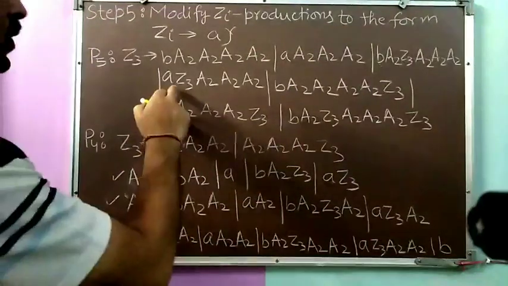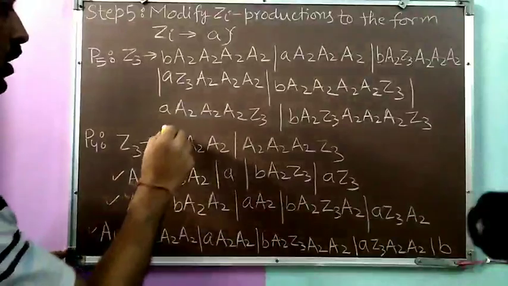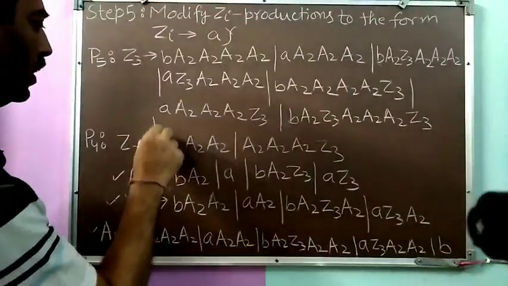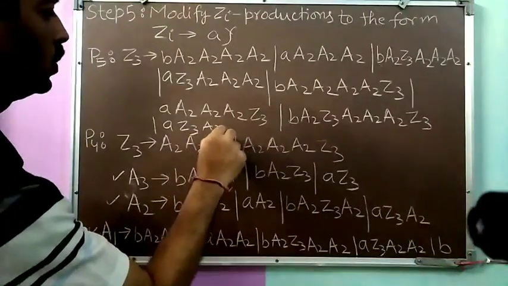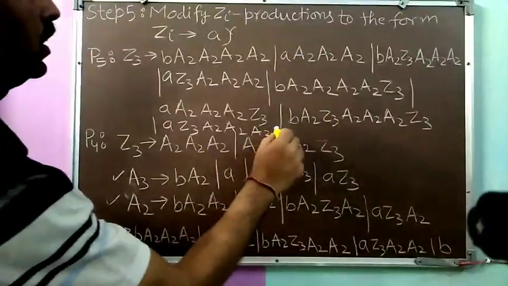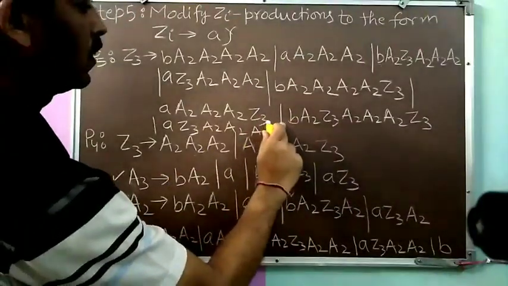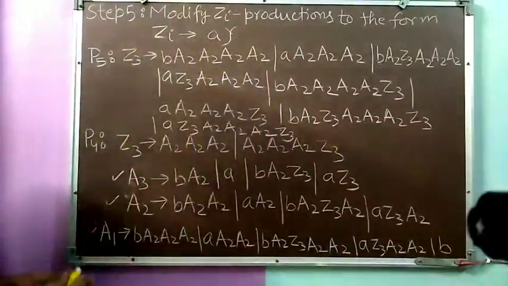And the last one, A, Z3, A2, A2, A2 three times, followed by Z3. So these will be the Z3 productions.